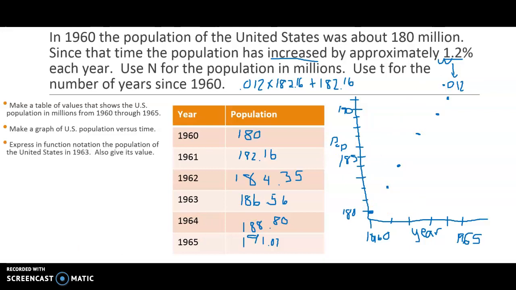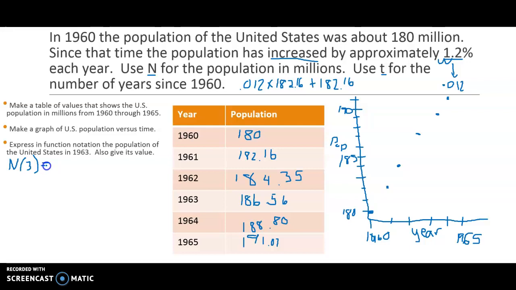Next thing I'm asked to do is express in function notation the population in the United States in 1963. So it told me here to use n for the population based on t, the number of years since 1960. So I have n based on the years since 1960, so this is 3 years later.